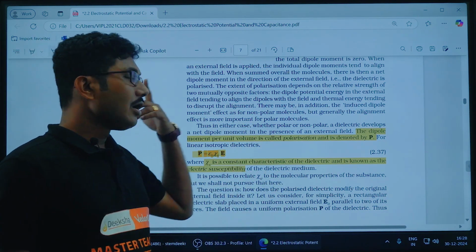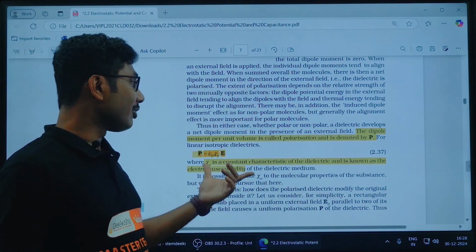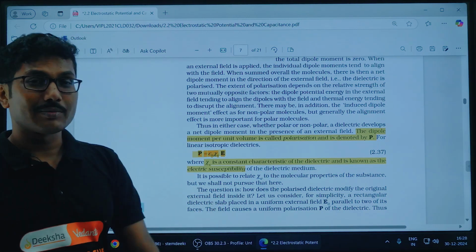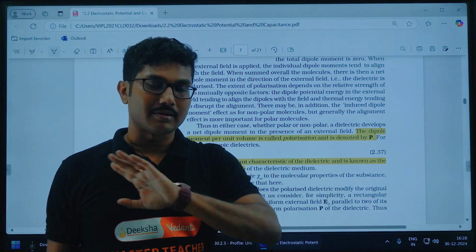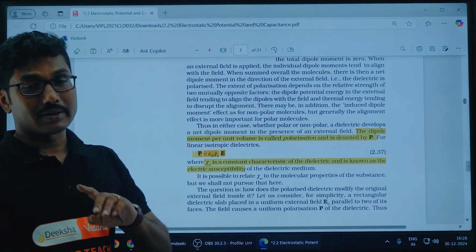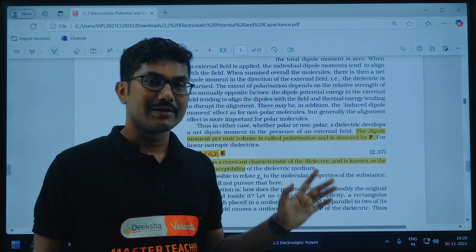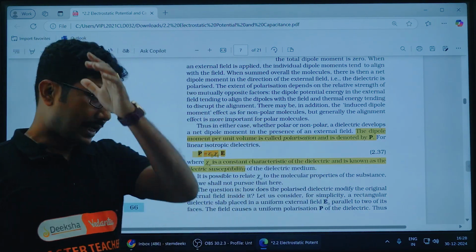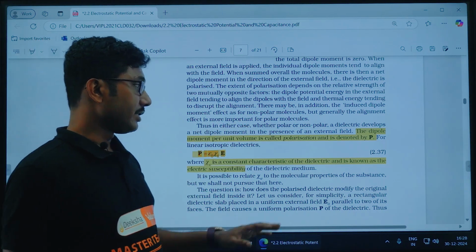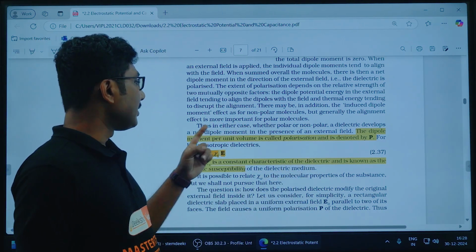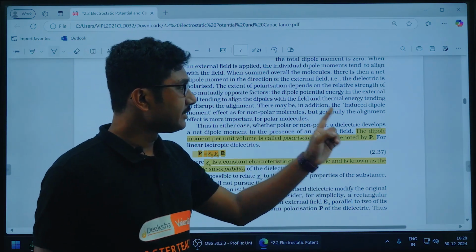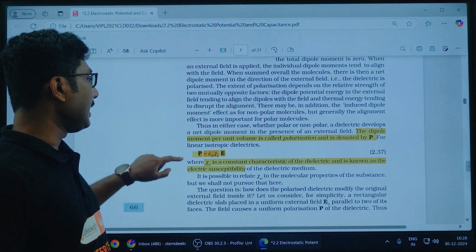This is also called electric polarization. There is another polarization you have learned in the wave optics chapter, but this is electric polarization, which is slightly different from optical polarization.